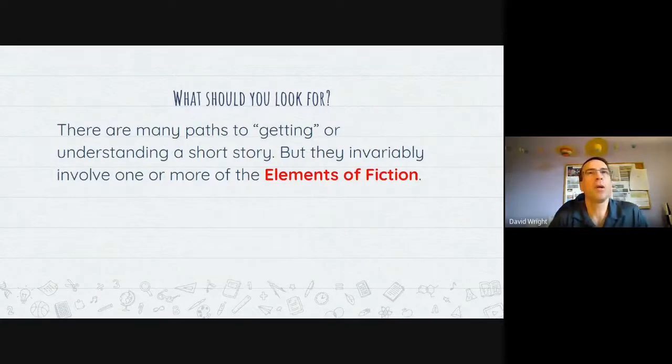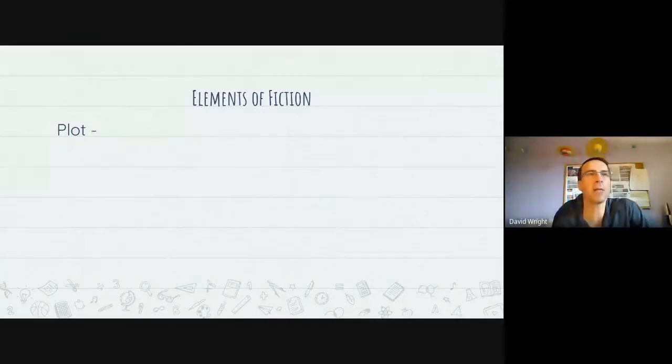Okay, what should you look for in order to understand a story? There are many paths to understanding a short story, but they invariably involve one or more of the elements of fiction. Here come the elements of fiction. So now we have plot.